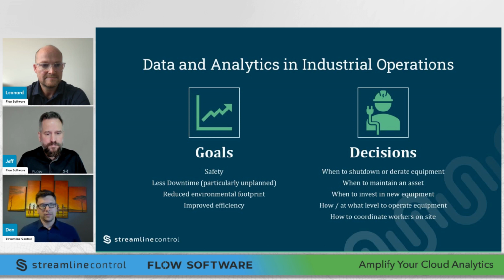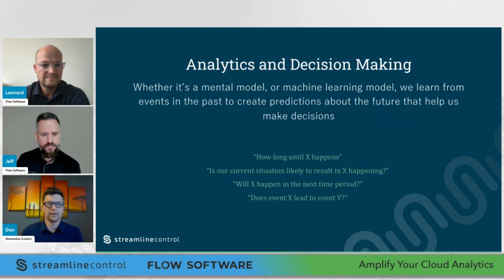But the way that analytics actually impacts the organization is through those decisions, right? So any analytics initiative should be trying to drive better decisions. And the way we use analytics to make better decisions is we learn from past events and past data to make predictions about future events. And then we make decisions around those predictions.